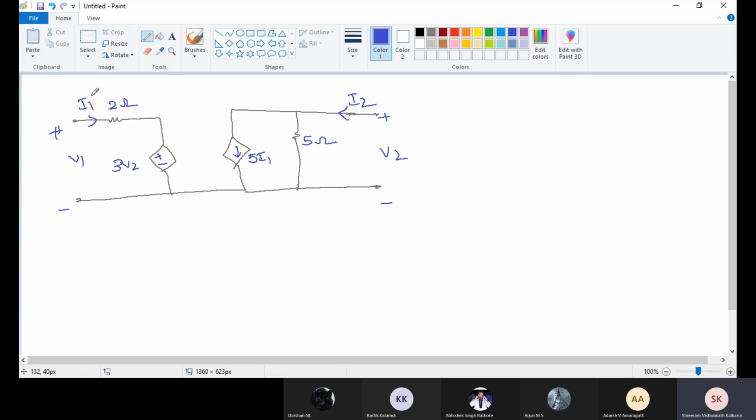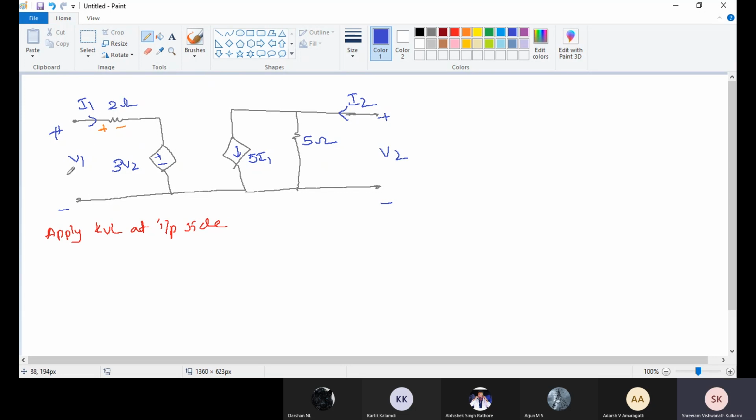Here, by solving the network for ABCD parameters, we apply KVL at the input side and KCL at the output side. Just remember this one. Now consider the network with the branch currents and branch voltages. First apply KVL at input side.